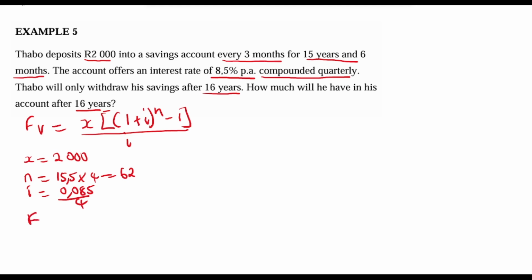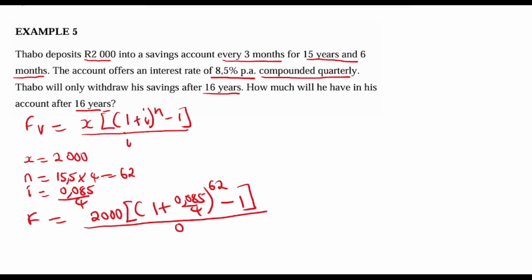Right, let's substitute what we have into the formula. Our future value is equal to 2,000 times 1 plus i, where i is 0.085 over 4, to the power n. n is 15.5 times 4, which is 62 payments, and then minus 1, all over 0.085 divided by 4.